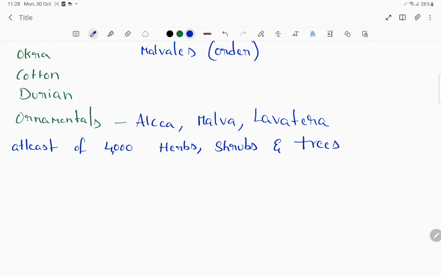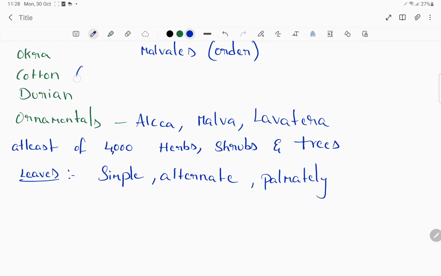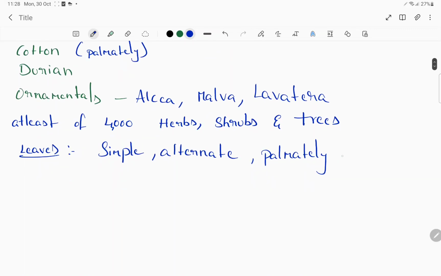Members of the Malvaceae family have simple leaves, coming to the leaves, those are simple, alternate, with palmate venation. Cotton has palmately compound leaves, you can see for cotton. So the leaves are stipulate.